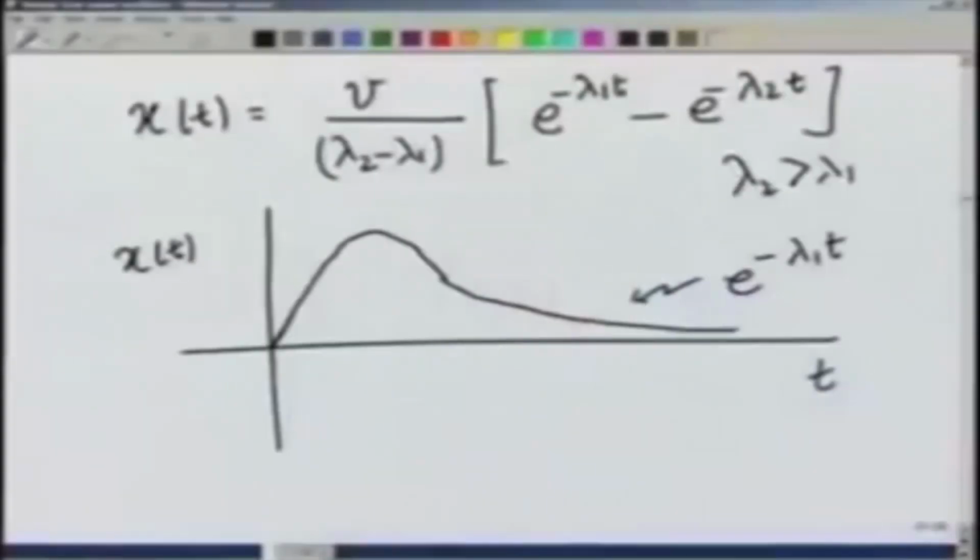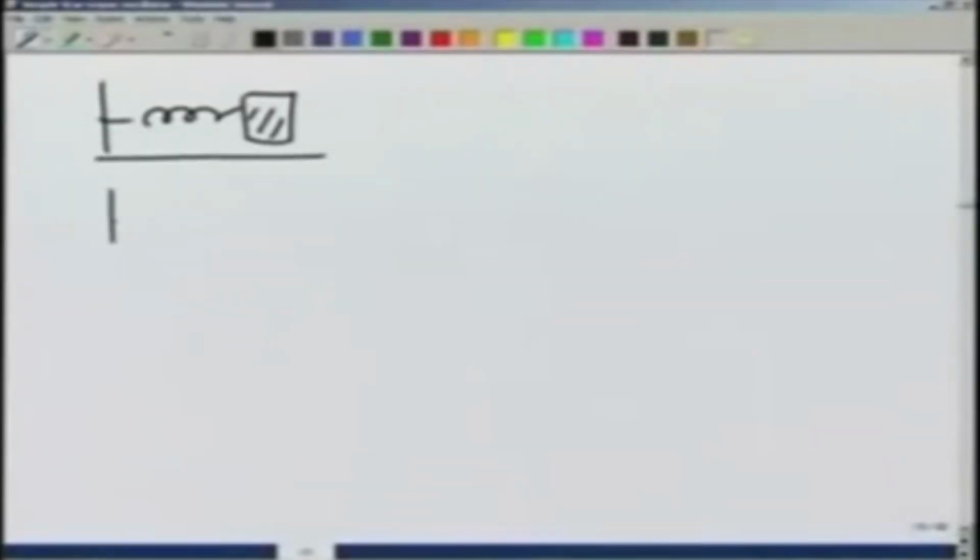Now let us take the most general situation, in which I take the mass, stretch it out, and also initially give it a velocity going in, v.